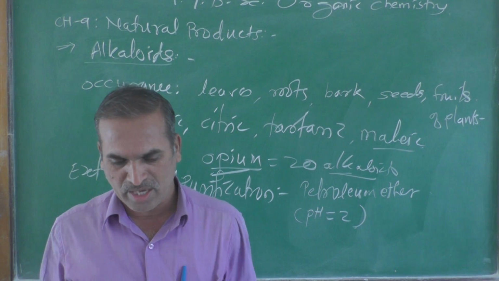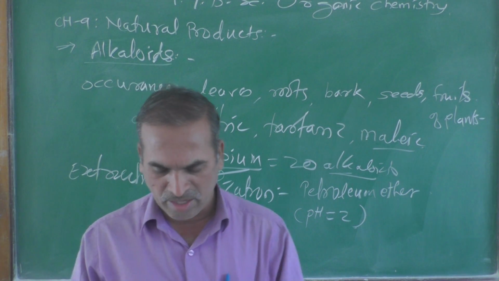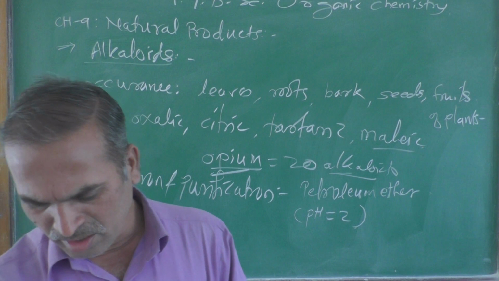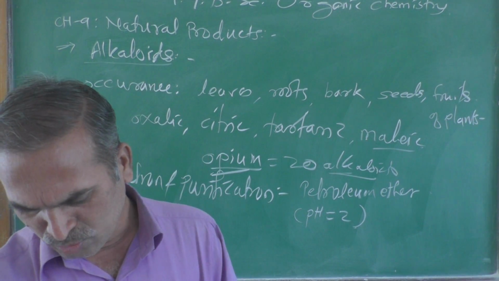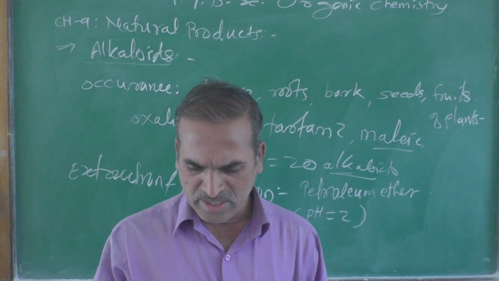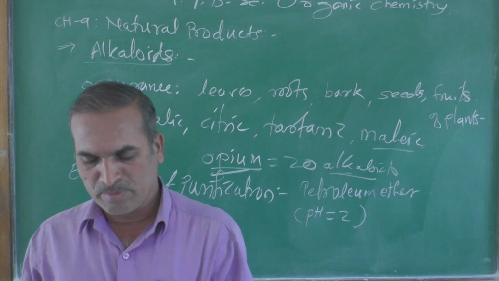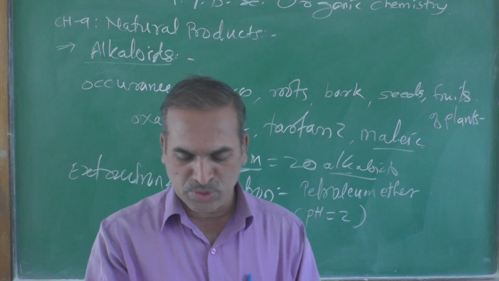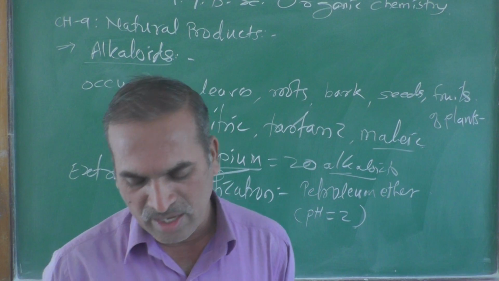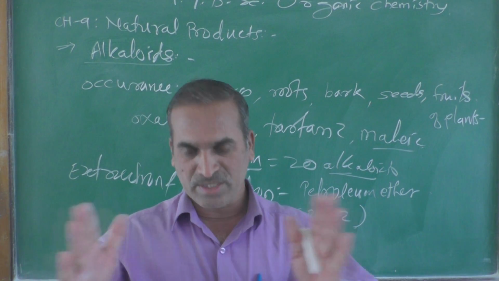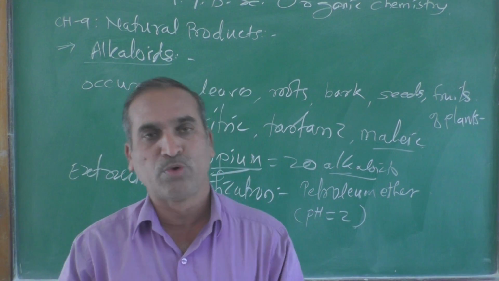Now, the powdered plant material is extracted with petroleum ether. There we get two parts. One is the ether soluble part, the fats, which is rejected, meaning removed. Whatever residue remains is extracted with methyl alcohol. Again it is divided into two parts.